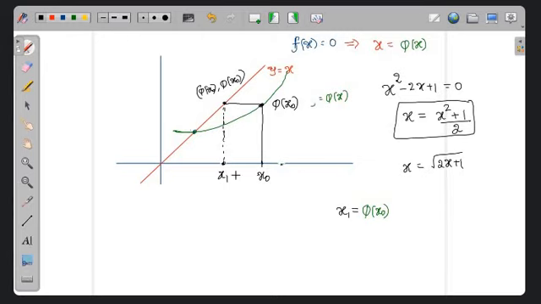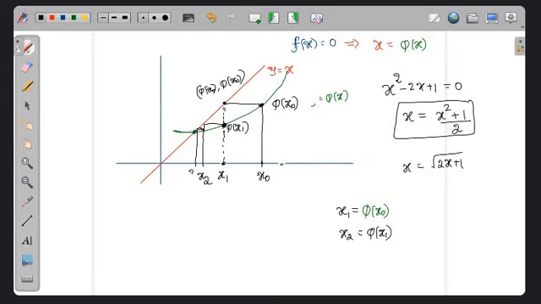Okay. So next, again, you do the same thing. You take x2, that is phi of x1. Okay. So phi of x1 is here. This is phi of x1. Now to find it, where is x2? You just come here and come down. So this is what x2. So similarly, if you proceed that way, what happens?